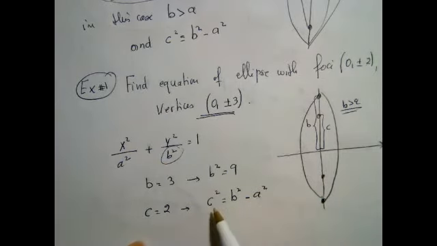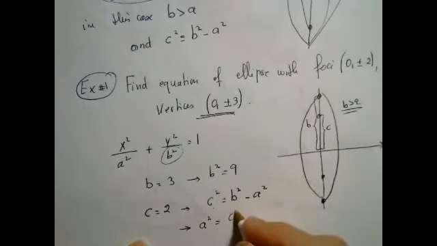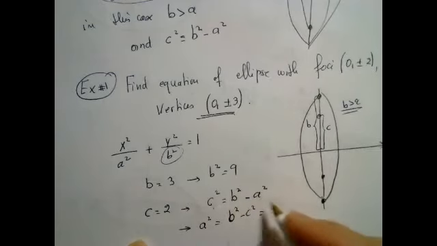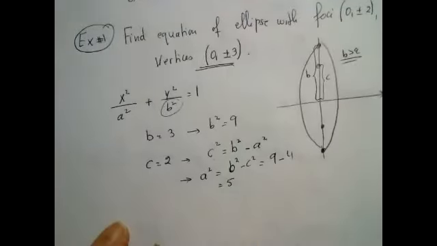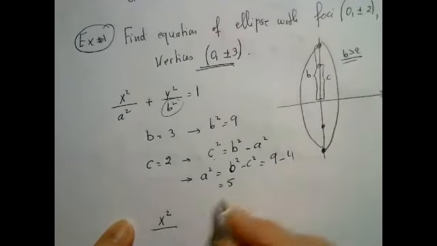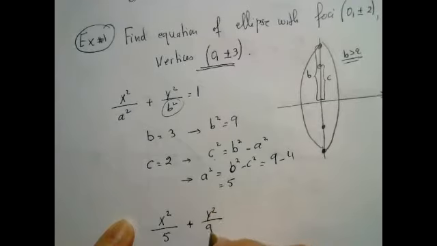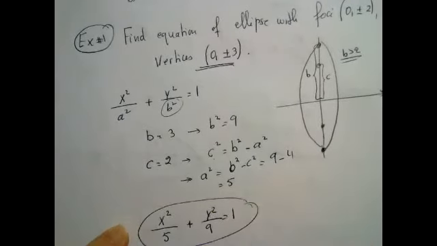I know C, I want the A. So A squared will be B squared minus C squared, which is 9 minus 4, equal to 5. And the equation becomes x squared over 5 plus y squared over 9 is equal to 1. So that's the equation.